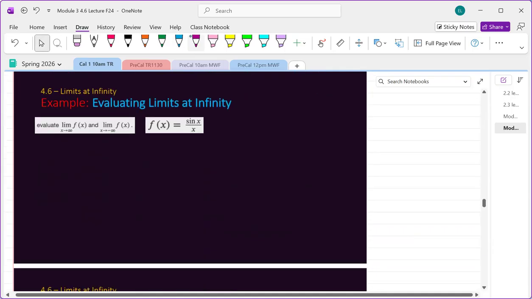Now, what about if we look at sine x over x? It's a little bit crazier.